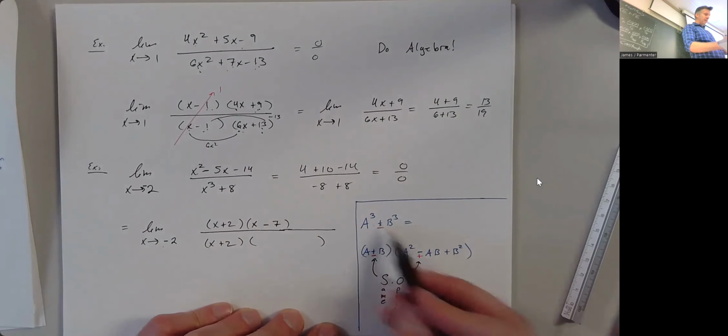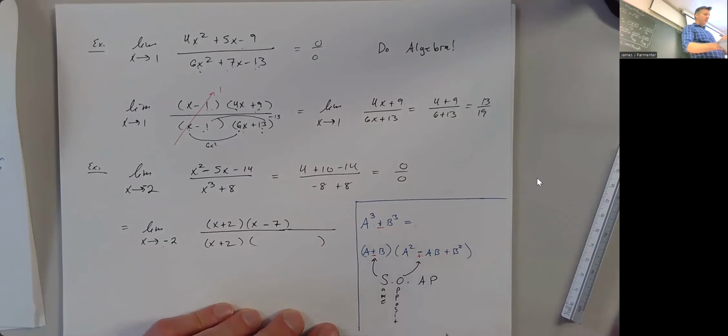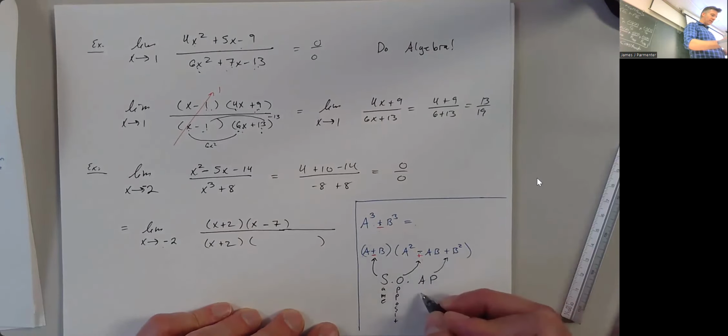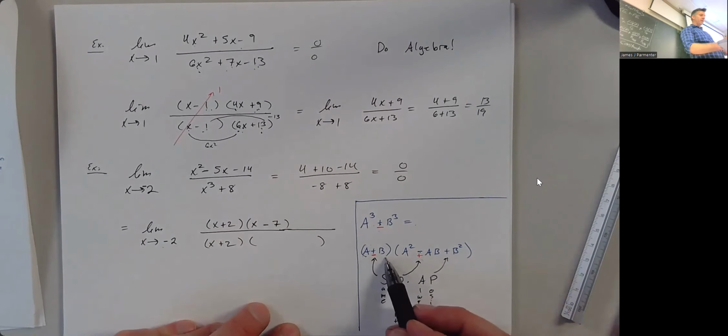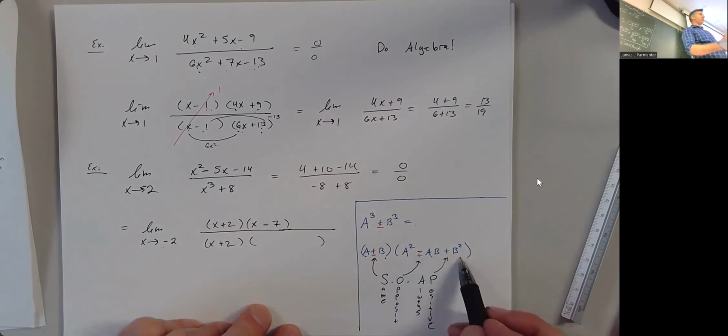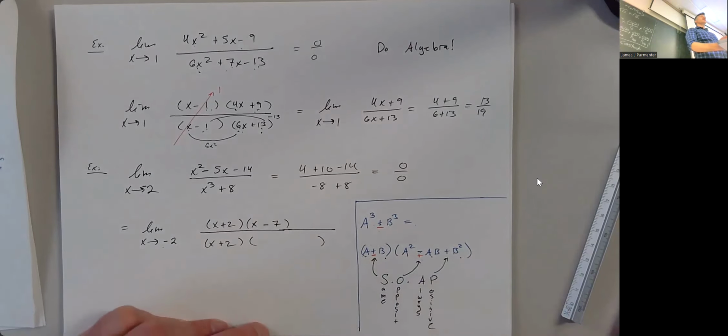So if it's a plus here, it's a minus here. If it's a minus here, it's a plus there. And finally, the last one is always positive. You do have to remember the pattern, right? That it's either plus or minus b, and then a squared, ab, b squared. But the SOAP will tell you what the signs are. It's kind of nice. It works.